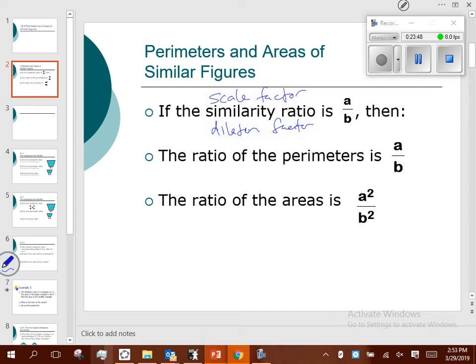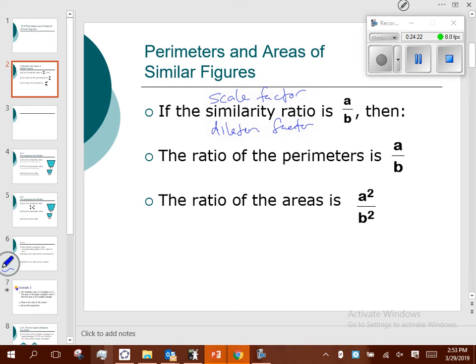But if the scale factor, similarity ratio, or dilation factor is A over B, then the ratio of the perimeters of your two similar shapes is still A over B, because of that process of being able to factor out that scale factor in terms of your perimeter of the larger figure. Okay, so the ratio of perimeters is the same thing as your scale factor. Is that okay?